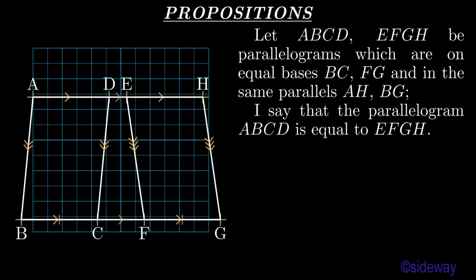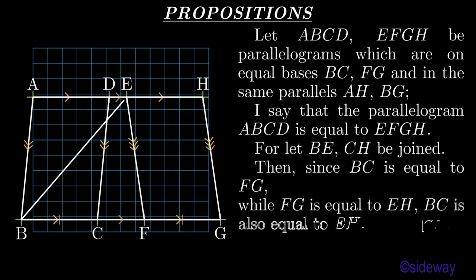I say that the parallelogram ABCD is equal to EFGH. Let BE, CH be joined. Then, since BC is equal to FG, while FG is equal to EH, BC is also equal to EH, by Book 1, Common Notion 1.